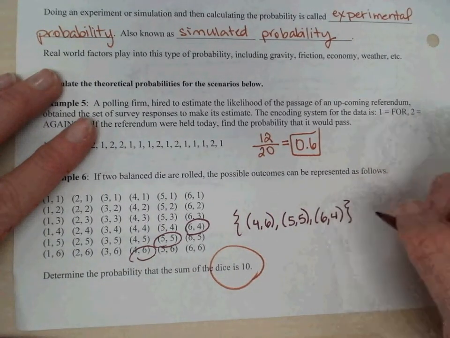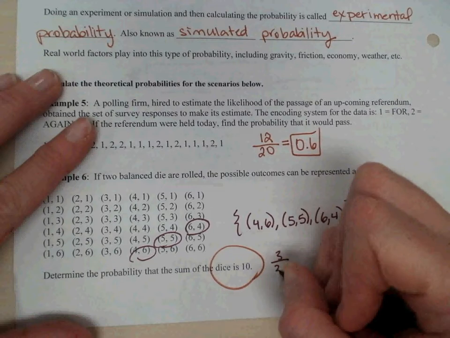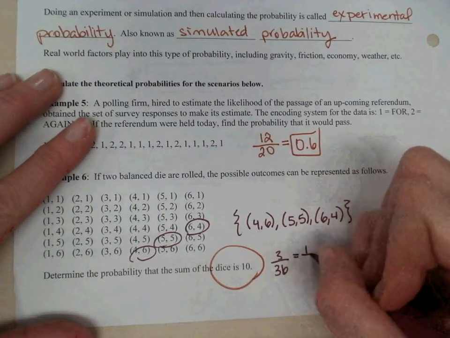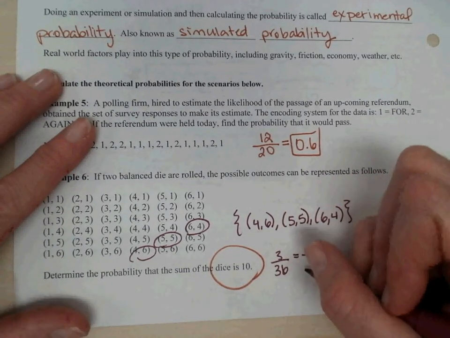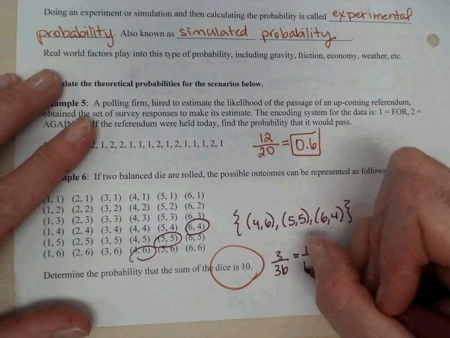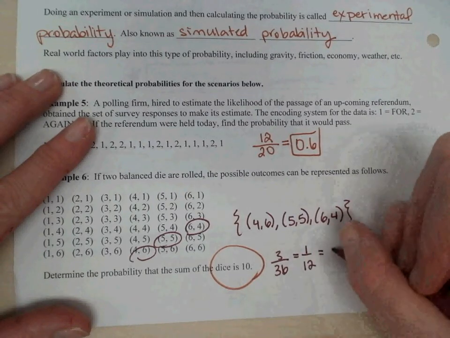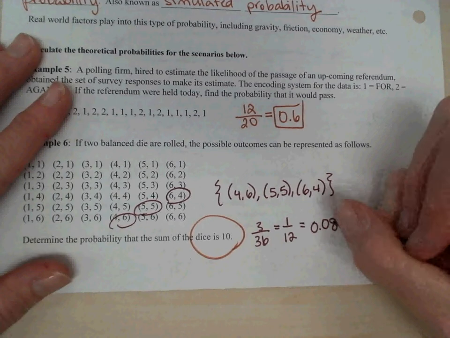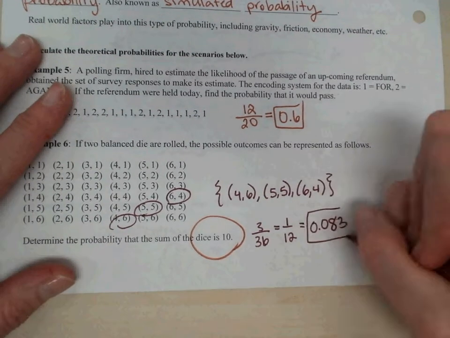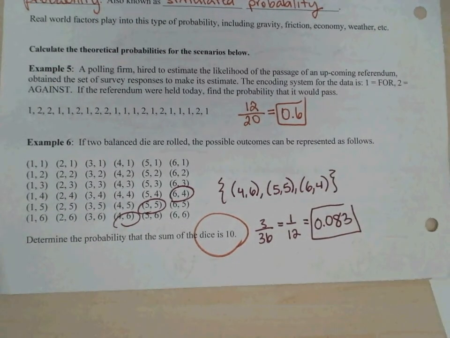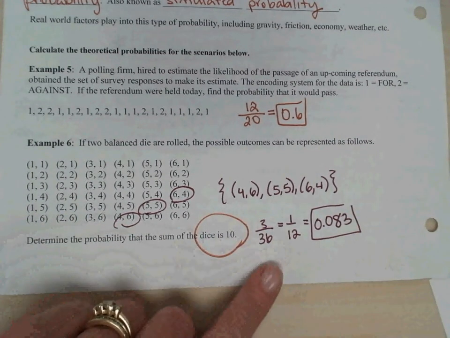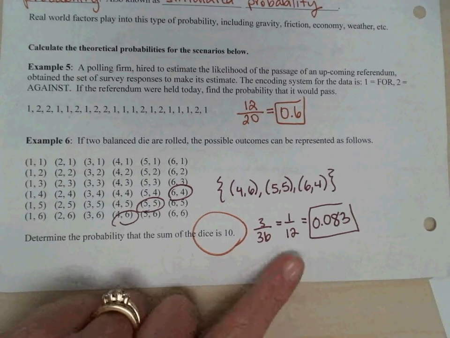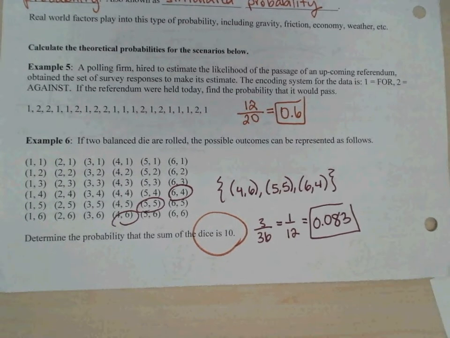Okay, what'd you get? One more, please. Three. Great. There's 3 ways to roll a sum of 10. There are 36 total possible outcomes, the reduced fraction, and the decimal.